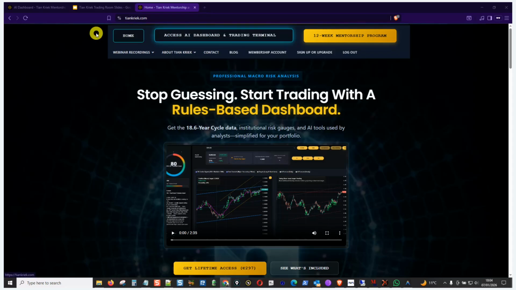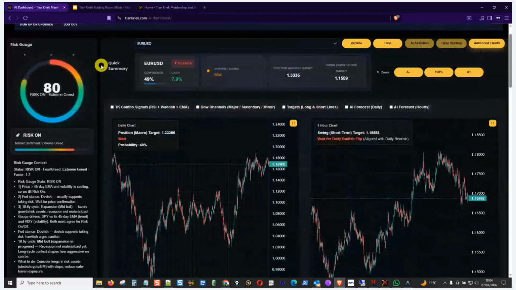So once you've clicked on that, then the trading terminal will open up, and by default, it will show the advanced charts. Now, we have been trying to cater and design the software to show on any type of screen.